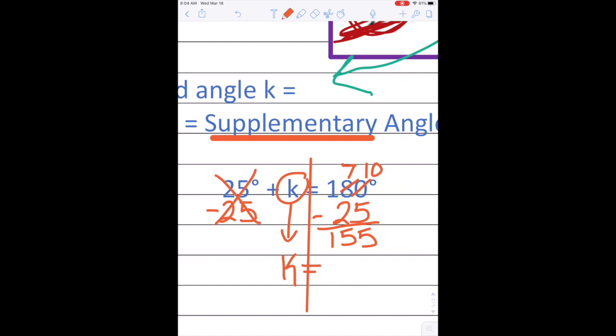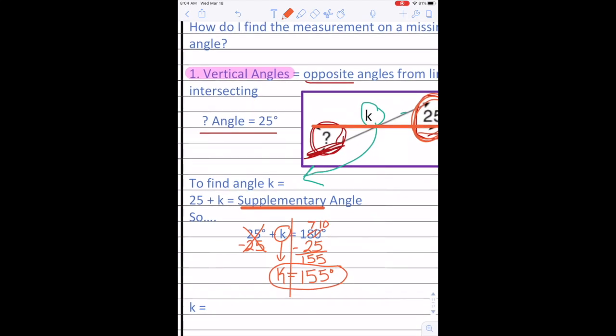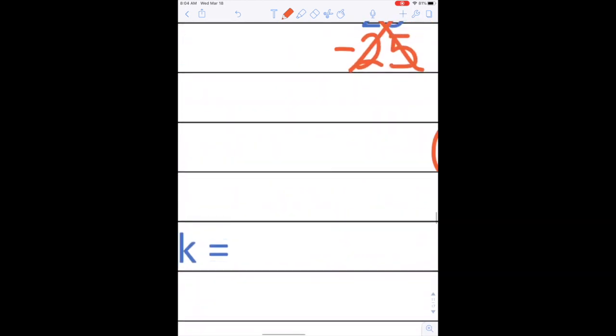So on this side then, K I found out is 155 degrees. So right here, we said K equals 155 degrees.